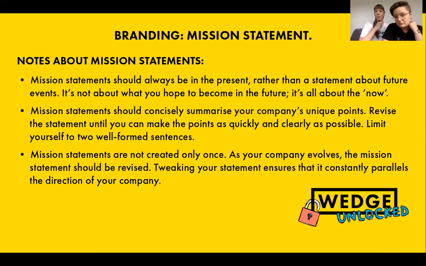So it's not actually about what you hope to become in the future, it's all about what you're doing now. They should basically summarize your company's unique points. So you need to revise the statement until you can make the points as quickly and clearly as possible. We're advising that you limit yourself to a couple of well-formed sentences.